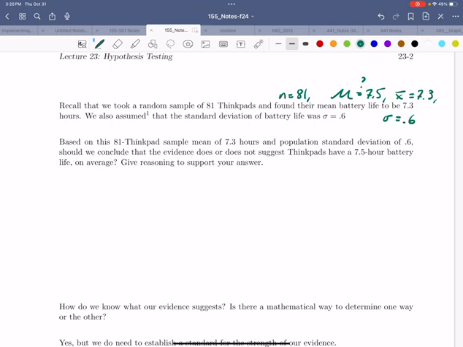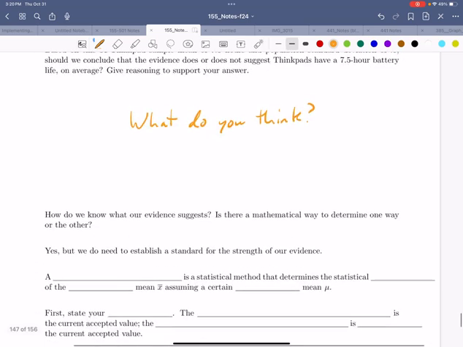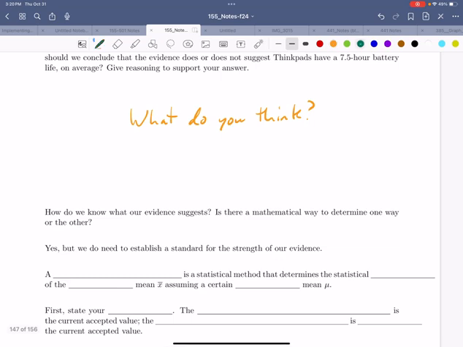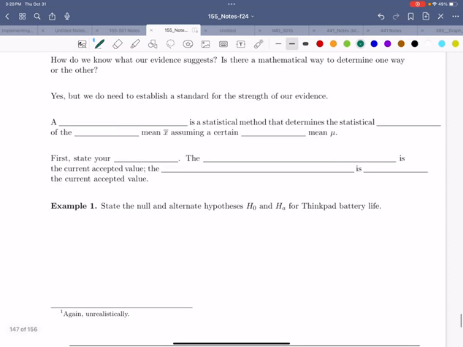I'll just say, what do you think? Say whatever you want here. We're going to do a more formalized method with a certain standard of what we consider to be enough evidence.